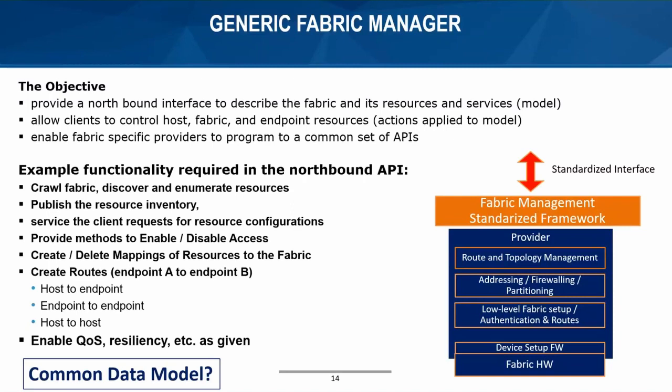If you go through that list: crawling the fabric and discovering components, publishing the resulting resource inventory so tools know what's out there, and authorizing, accessing, and mapping resources to the fabric, enabling routes and paths and connections among the endpoints. These are common traits, common functions that need to be done.